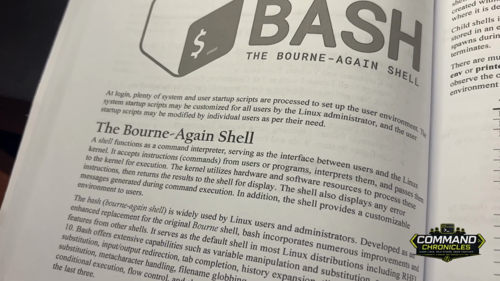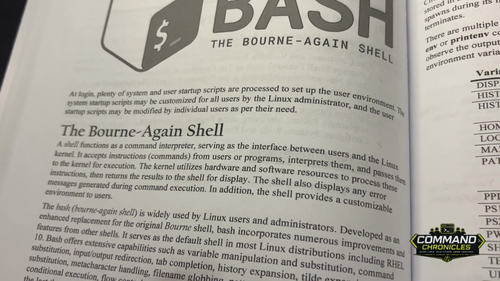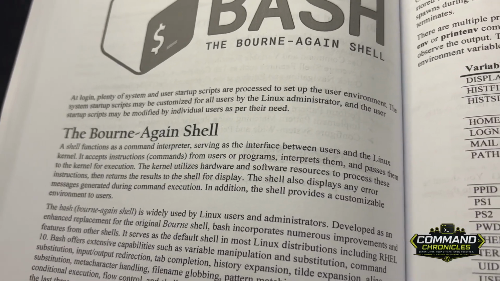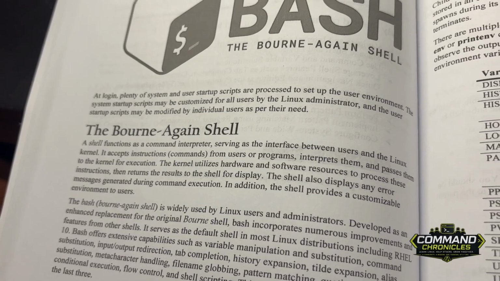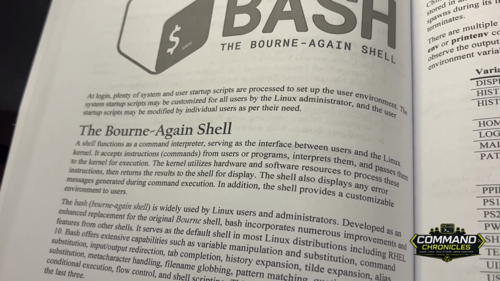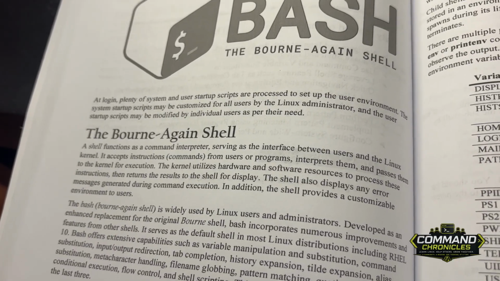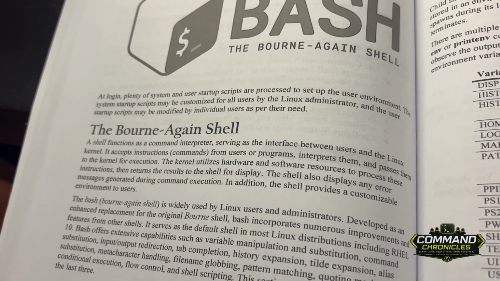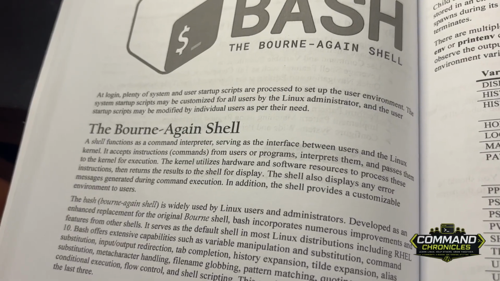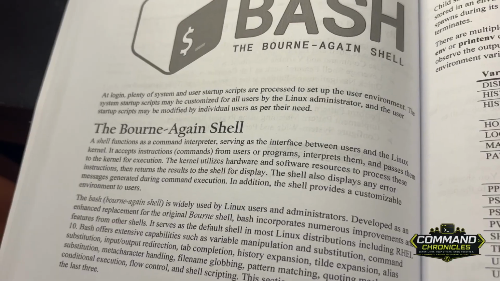It accepts instructions or commands from users or programs, interprets them, and passes them to the kernel for execution. The kernel utilizes hardware and software resources to process these instructions, then returns the results to the shell for display. The shell also displays any error messages generated during command execution. In addition, the shell provides a customizable environment to users.